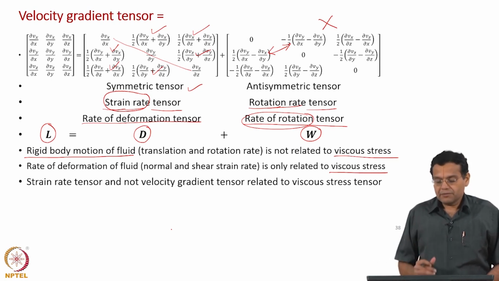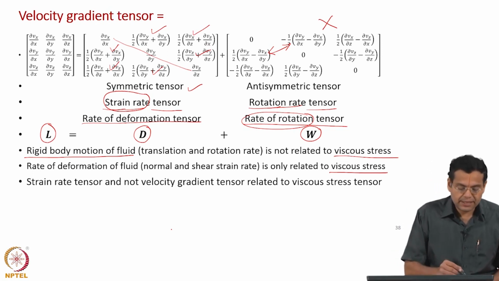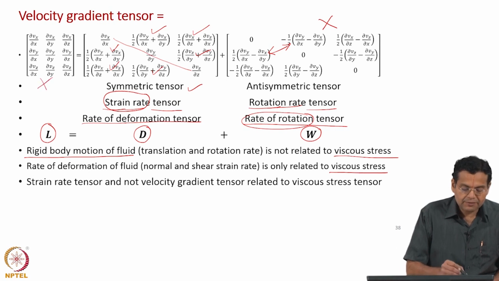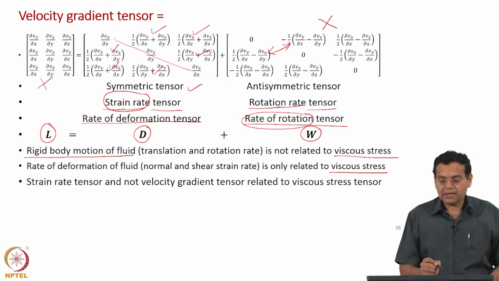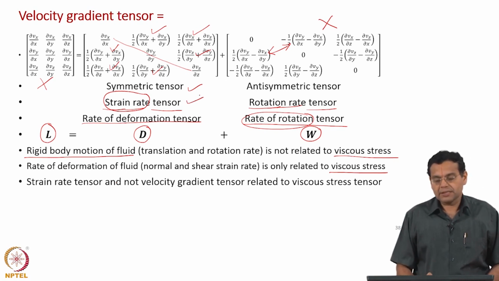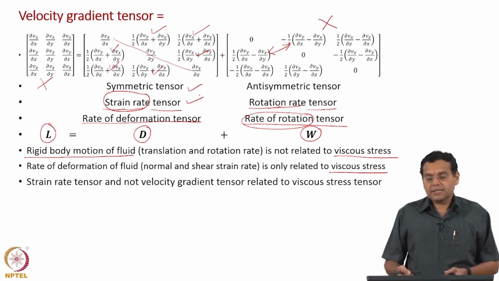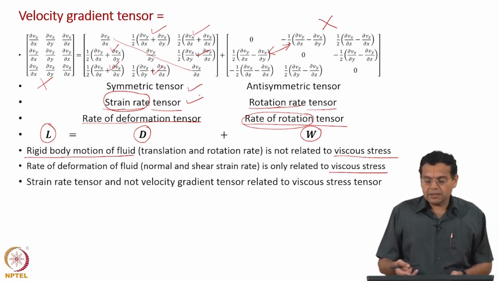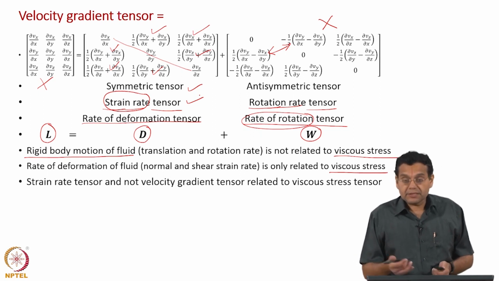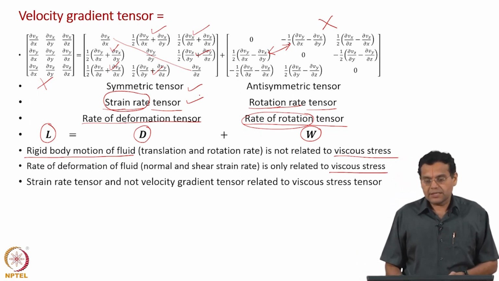We said we need to relate the viscous stresses to velocity, then we said velocity gradient, but now we are saying it is not the entire velocity gradient, only a part of it, which is the strain rate tensor or the rate of deformation tensor. Why is that? Because the velocity gradient tensor also includes the rate of rotation tensor, but we have seen that viscous stresses are not related to the rate of rotation.